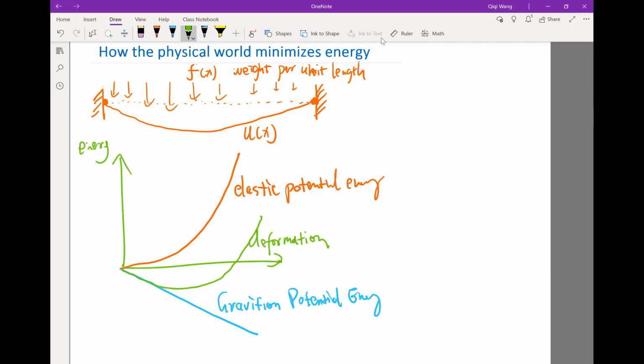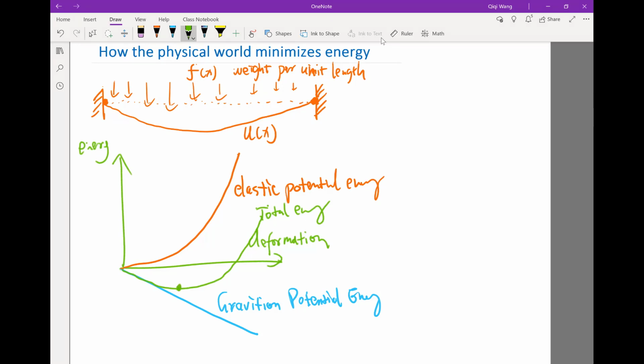So this is the total energy. When the system reaches equilibrium, it is going to be at a state where no matter what you do to the system, how you deform it, it will not decrease the total potential energy further, which means it is at a point like that.